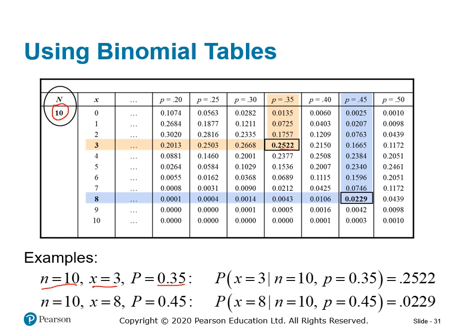That's basically the probability of having x equal to 3 in 10 trials with the probability of 0.35. Here, if I have 10 trials and I want to know the probability of 8 with the probability of 0.45, I come to the table, look for x here, 10 observations, and 0.45, and that gives me 0.229.